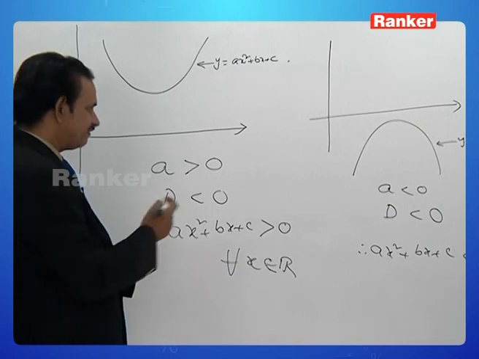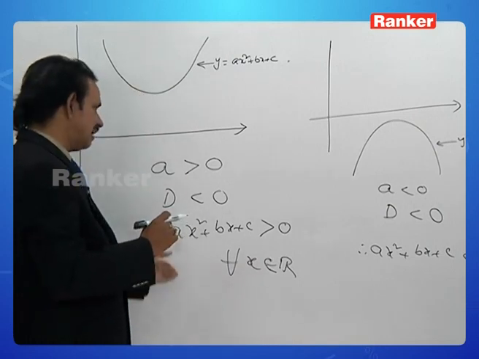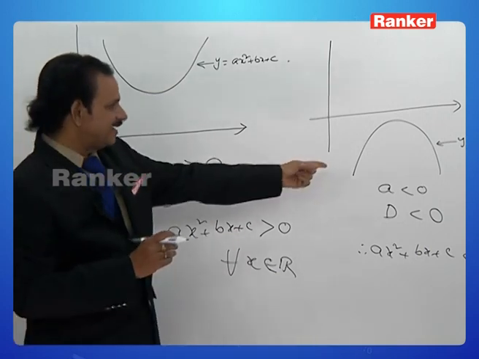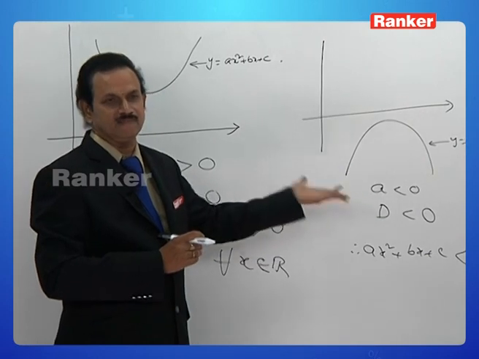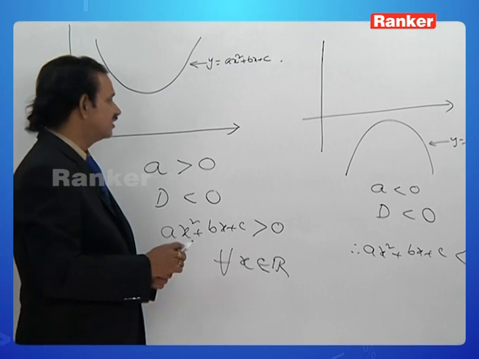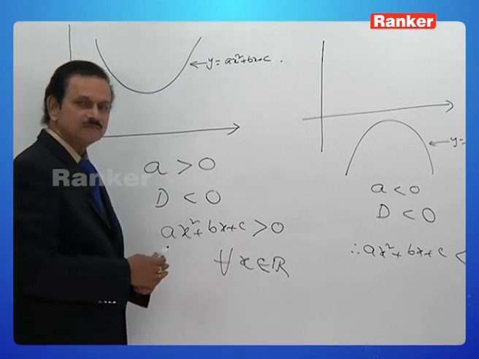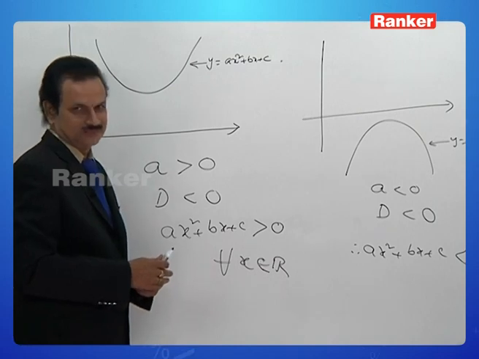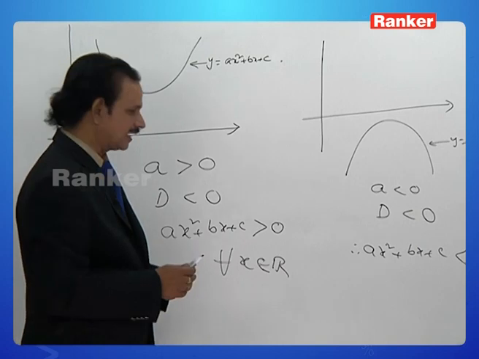Well, the different aspects are, here a is positive, hence the expression is always positive. There a is negative, hence the expression is always negative. Yes. So, this is a very good concept which helps us a lot in so many typical questions. Let us get and answer one such typical question now.